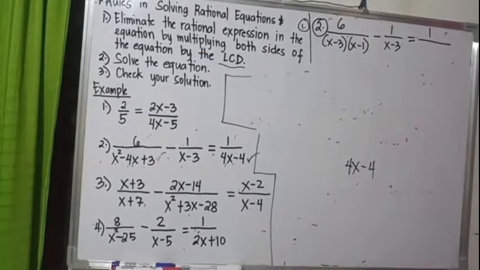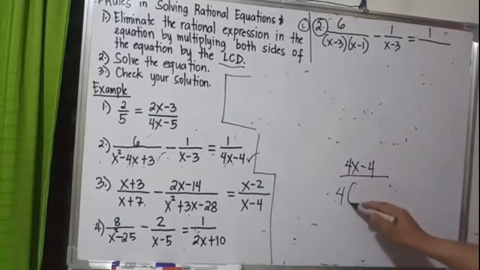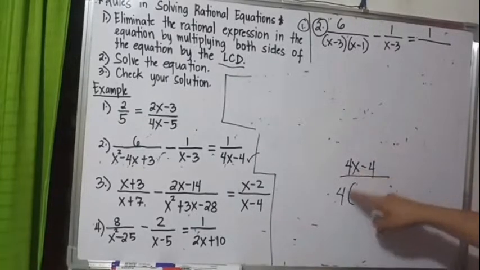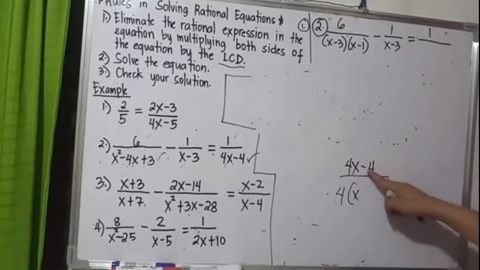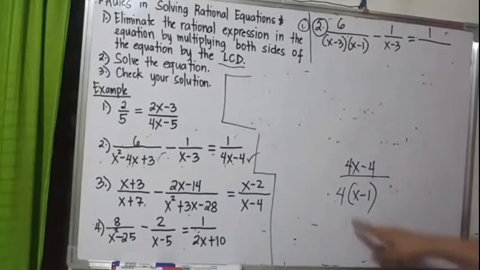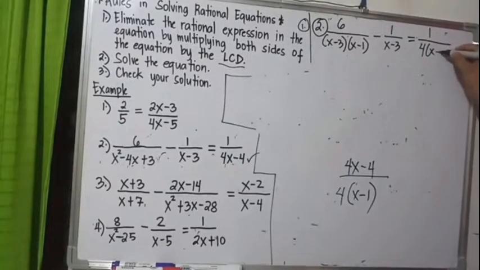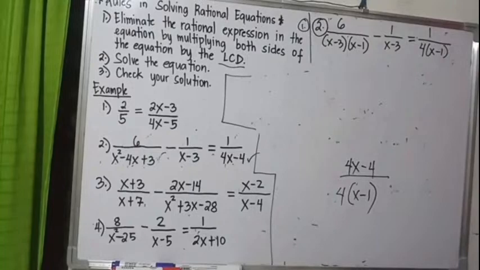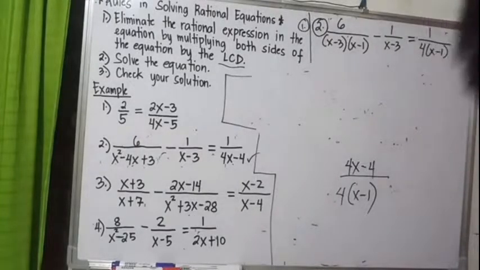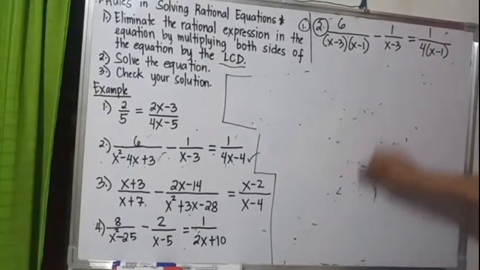Ano yung factor ng 4x minus 4? Okay, very good. Common sa kanila is 4. So times 4x minus 4, that is x, then negative 4 divide 4, that is negative 1. So ang factor niyan is 4 times x minus 1. Okay, next. Yan ang factor ng 4x minus 4.